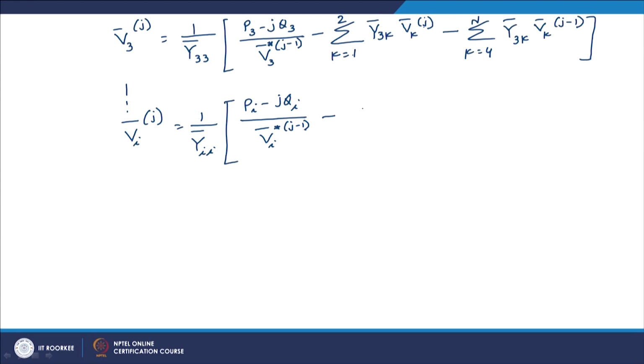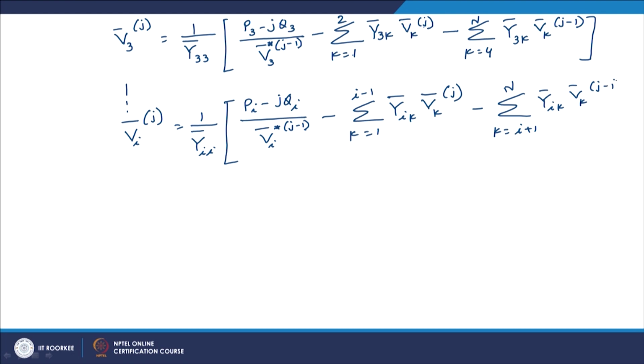Then we have k is equal to 1 to i minus 1, Yik. Now, for all the buses before i, that is up to the i minus 1th bus, we have already solved for them at this present iteration. So we will utilize this present iteration, and for the other buses, k is equal to i plus 1 to n, we would be only utilizing the initial guesses.